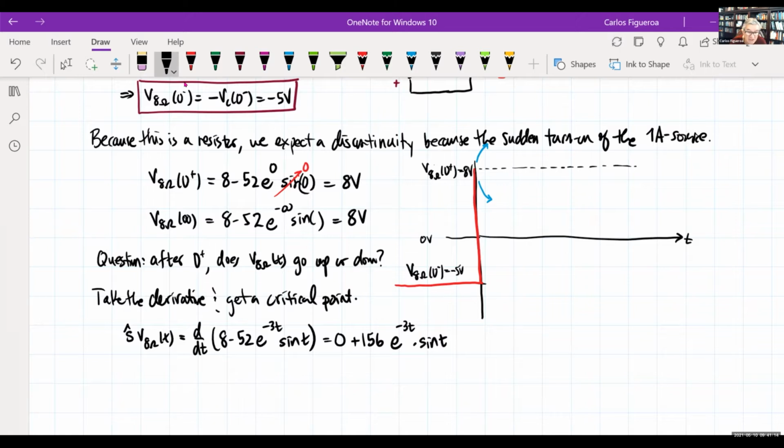Then I got to use the chain rule. So if I take the derivative of sine, I'm going to get e to the minus 3t cosine of t. And that guy's got to be equal to 0. So I got to solve for the critical point now.